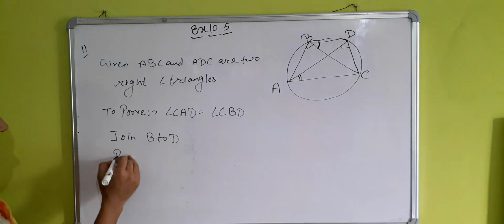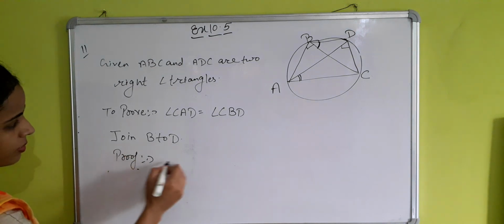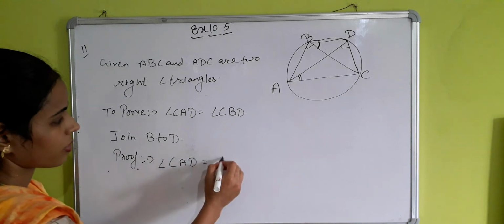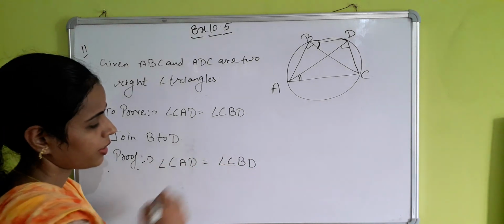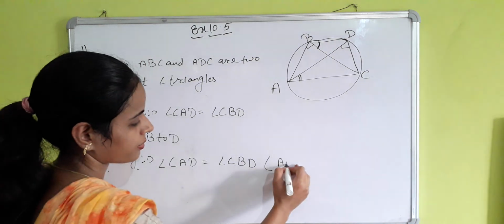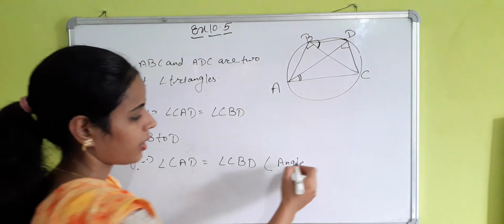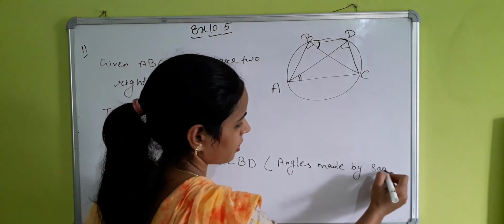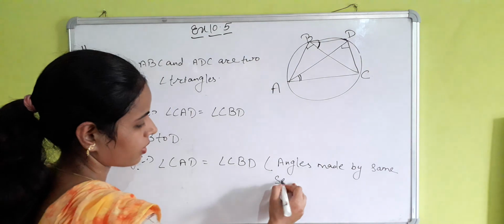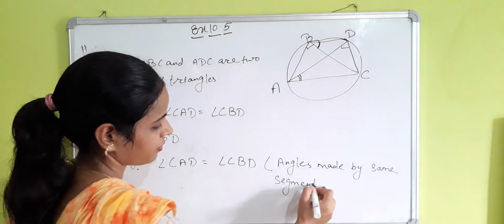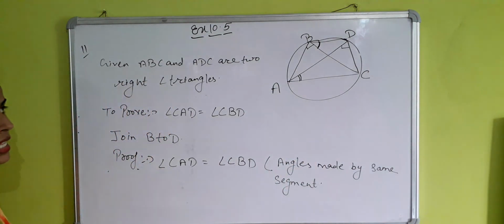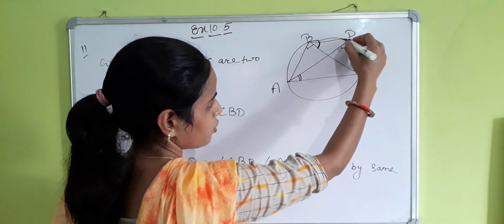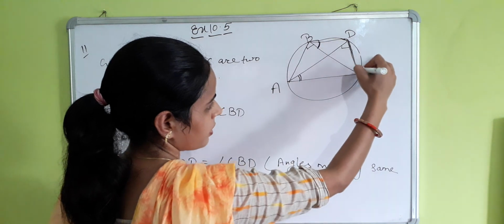Angle CAD is equal to angle CBD. Angles made by the same segment, or we can say that for this curve DC, these two angles are made by the same segment.